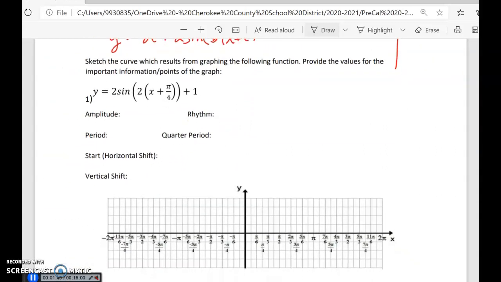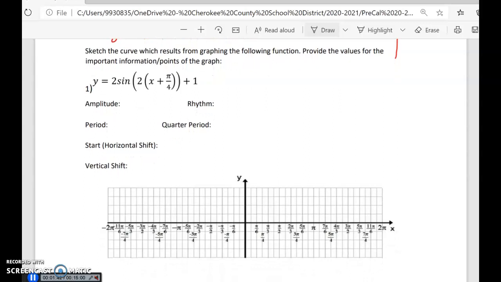Basically, we've got all the same things we've been looking at. We're going to sketch this curve. We see there's an amplitude of 2. It's a sine, and it's a positive sine, so the rhythm is a 0, a max, a 0, a min, and then a 0.